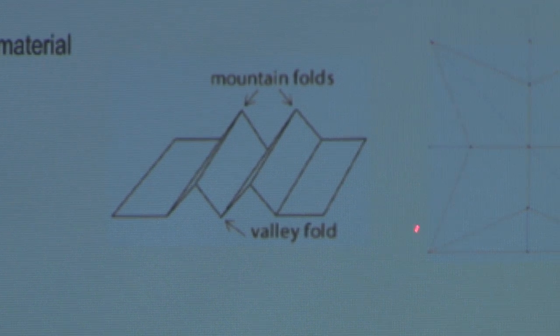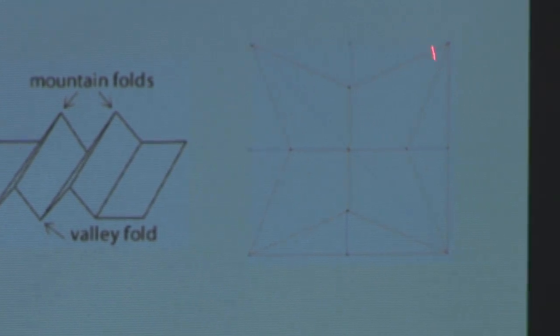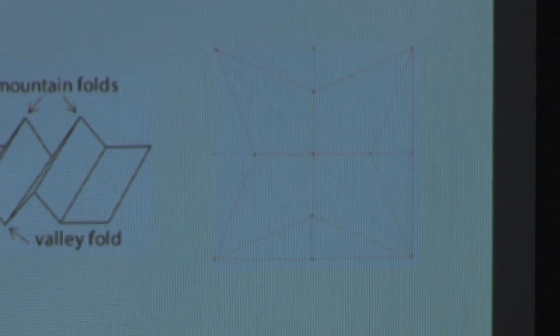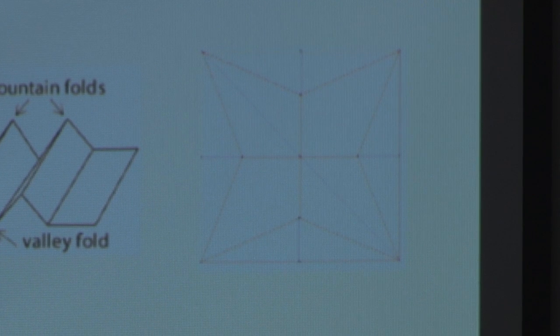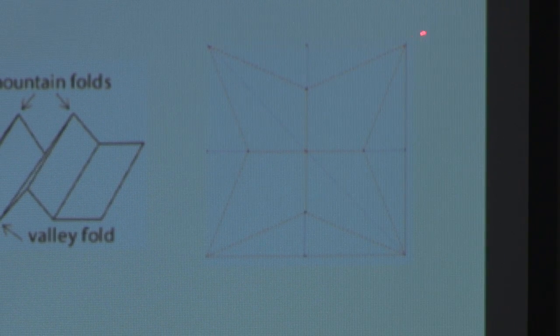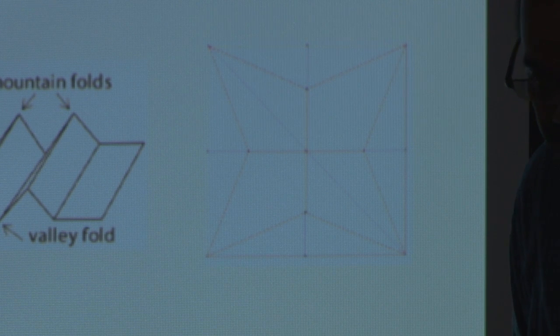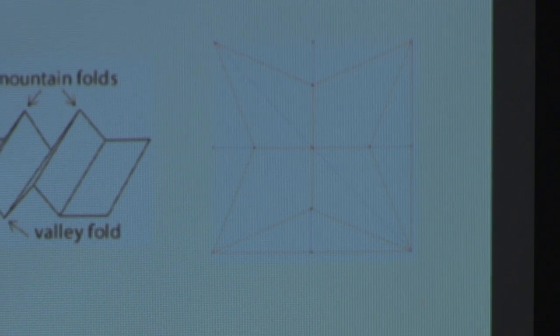If you look at the structure of a pattern for folding, what you will see primarily, first thing is the lines along which you fold. Red could correspond, for example, to mountains, and blue corresponds to valleys. And then in addition, somebody has to also tell you the order. That's of course not there, but those are the two things that you will see when you open up a book. And with those two, in principle, you should be able to build complex origamis.